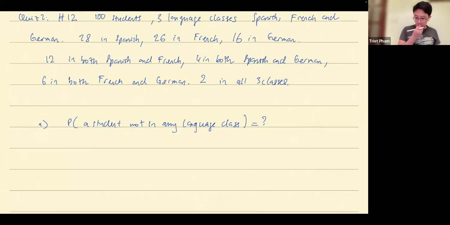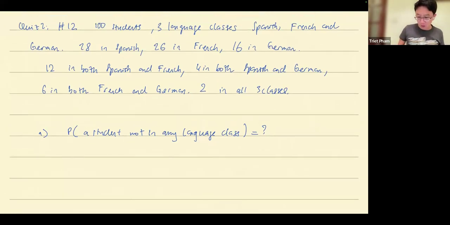Okay, so how will we do this problem? You don't have to say the exact answer, but what are they asking here? What kind of tool are we using here?